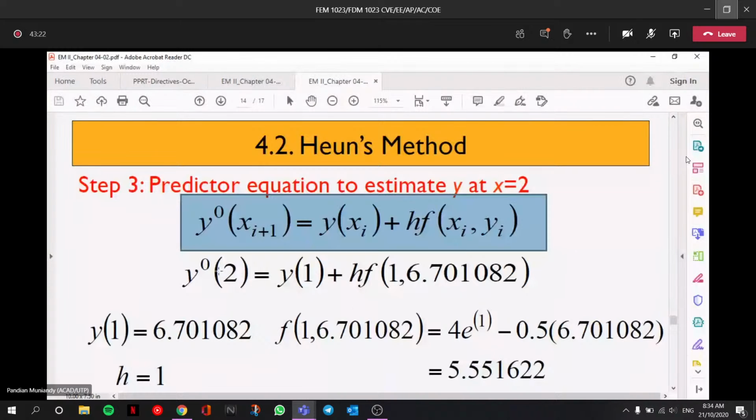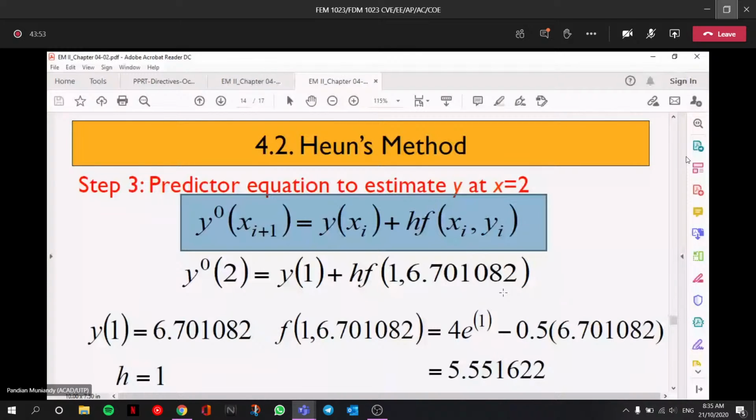You check. So y naught at x equals 2 equals y at x1 plus h, where h is 1, f of xi. This is the x, currently it is 1, and the y corresponding to x is 6.701082. That is what you found just now. So you are improving.